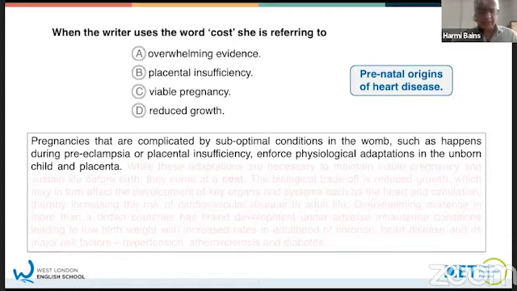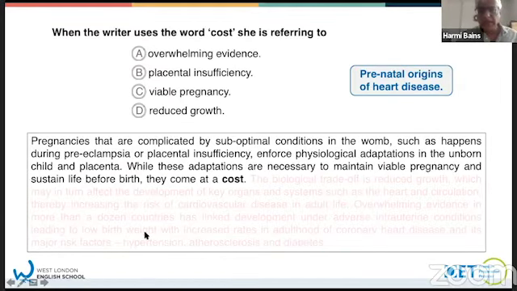And these lead to things like preeclampsia and other kinds of conditions, which it says here enforce physiological adaptations in the unborn child and placenta. So the fetus is slightly deformed, or it changes if conditions aren't perfect.